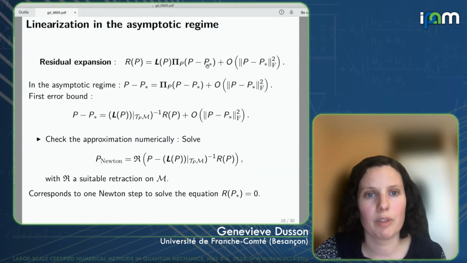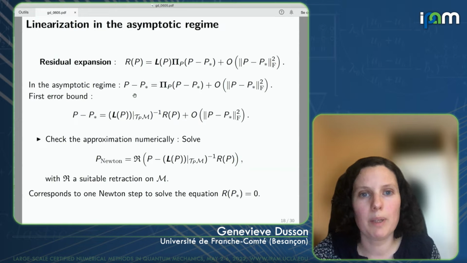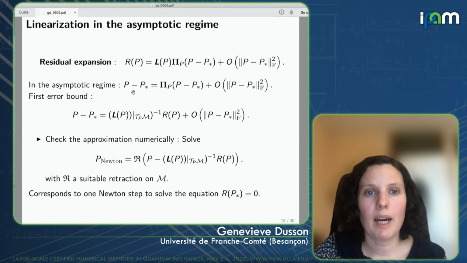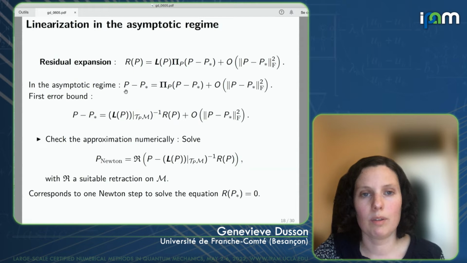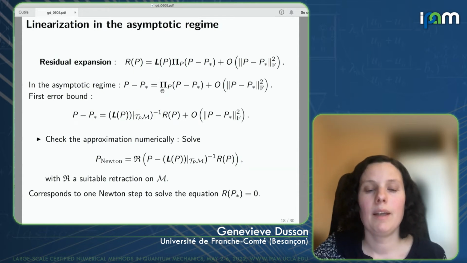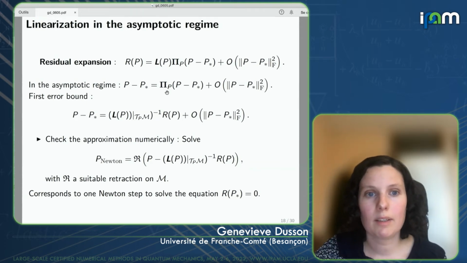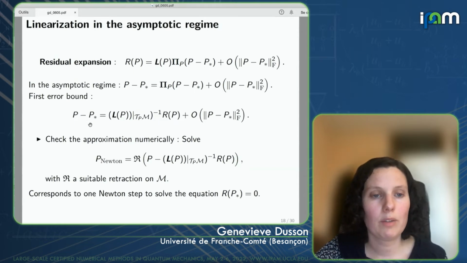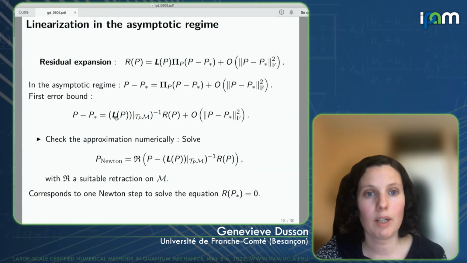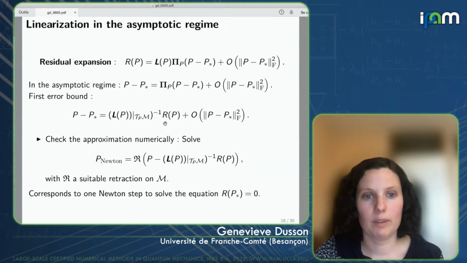In fact, in the asymptotic regime, when P star is close to P, the error between the projectors is equal to the projection of the error onto the tangent space. So we can replace this projection by just the difference. And at the end, we obtain this first error bound, which is P minus P star equal to the inverse of this operator on the tangent space applied to the residual.